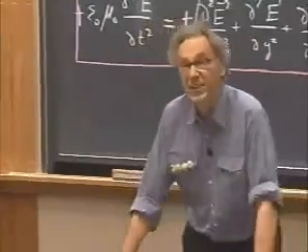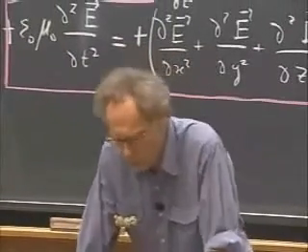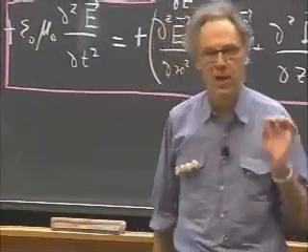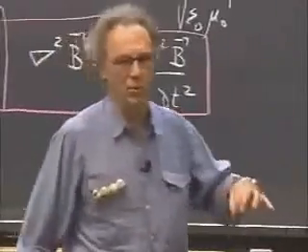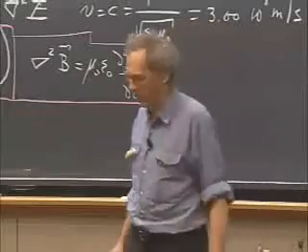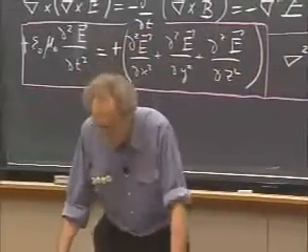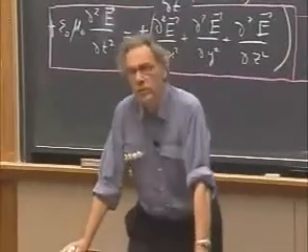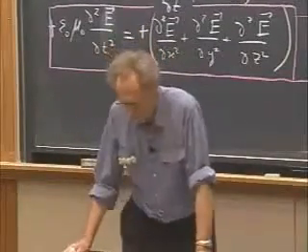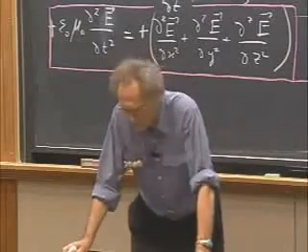And then in the 19th century, in fact in 1849, both Foucault and Fizeau measured the speed of light in their laboratory in France. One used a rotating mirror, the other used a rotating disk, and they found values which were within 5% of 300,000 kilometers per second.